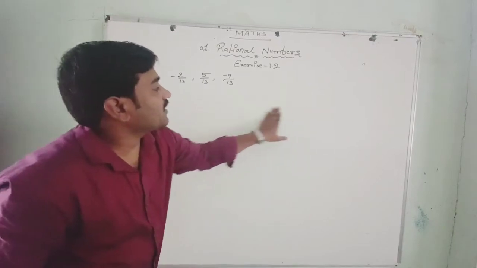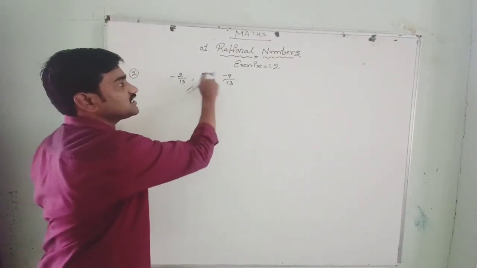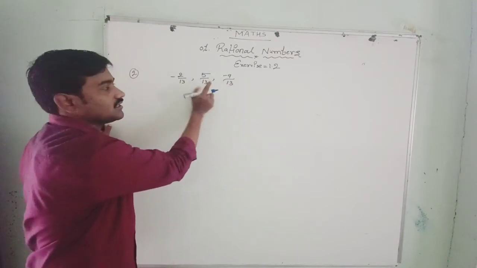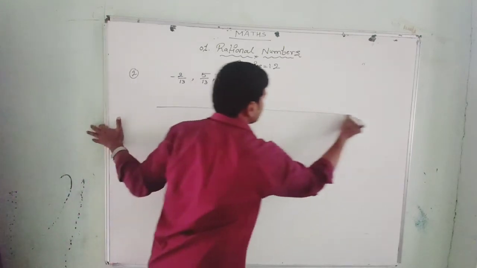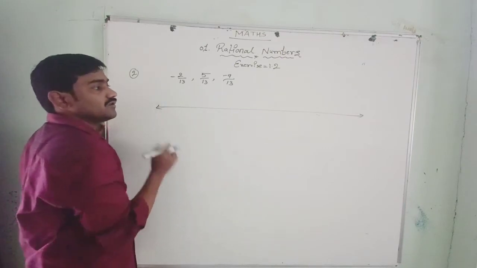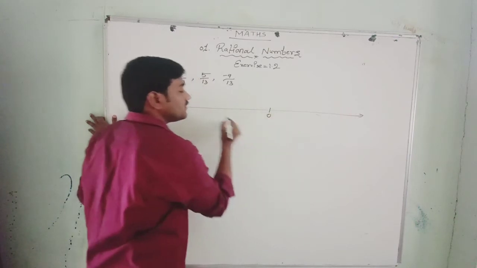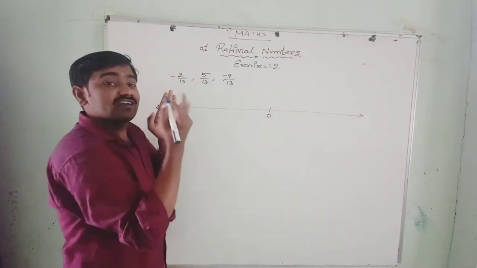See, of all these three rational numbers, two are negative and one is positive. These all have the same denominator 13. So now you take a 0 here. Between 0 and 1 we have to divide into 13 equal parts.